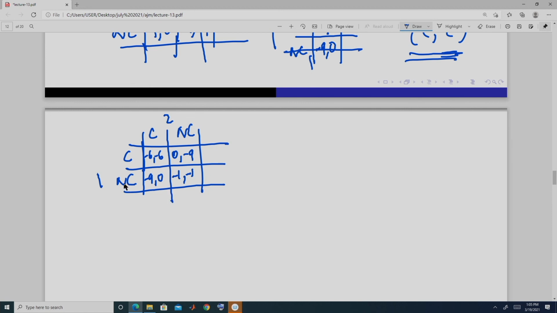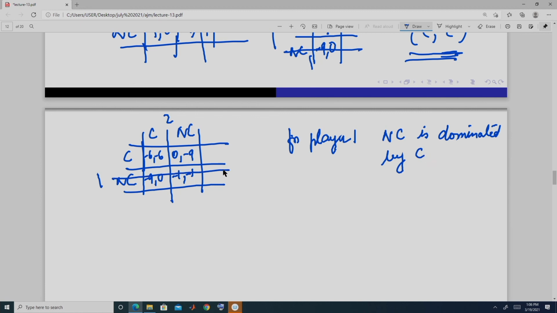It will compare it with C: -6, -9, 0, -1. If it plays this, for each outcome it will get less compared to this. So, that is why for player 1, NC is dominated by C.